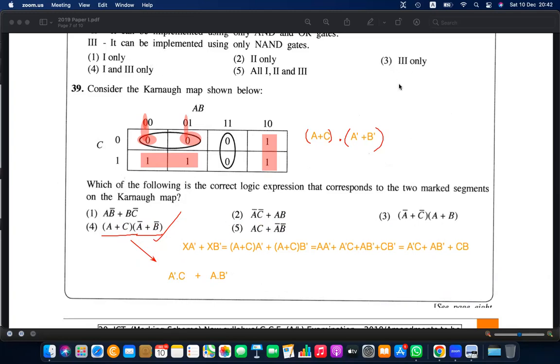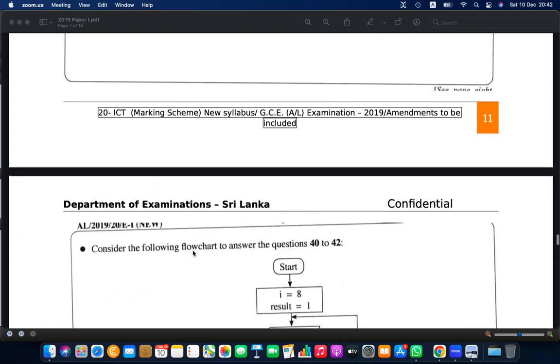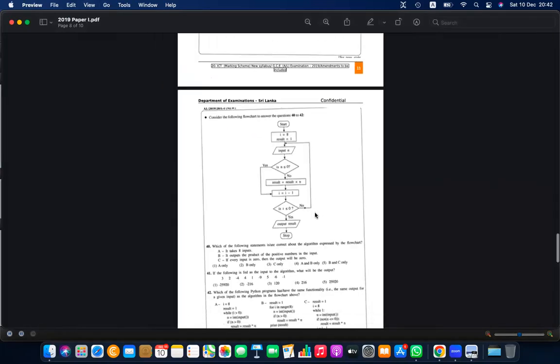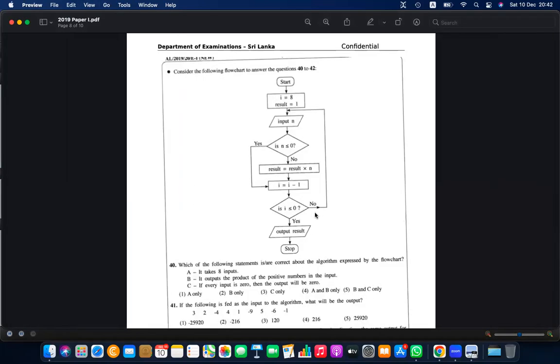Right. Let's move to the next one. So that is about this flowchart. Question number 40 and 41.